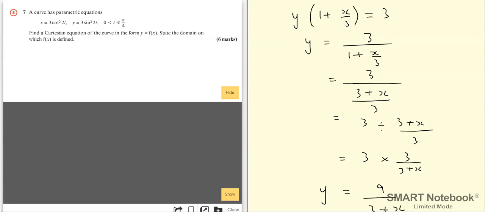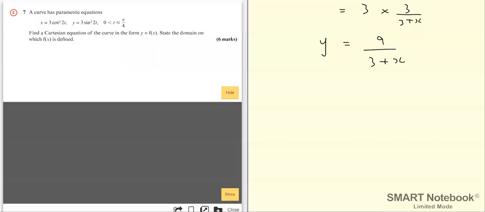Okay, now I want you to have a go at the domain and let me know what you get for that, please. We said domain refers to the x values. So what are we going to do? I'm going to wait for you to tell me in the chat: how am I going to go about determining what the domain is?